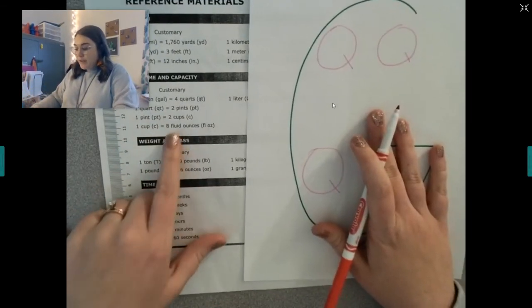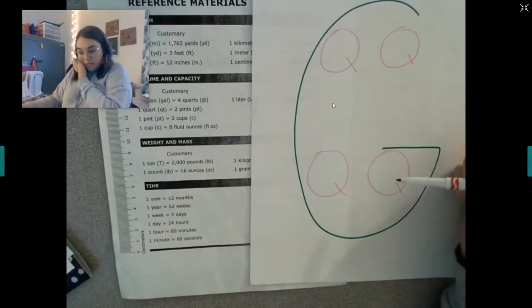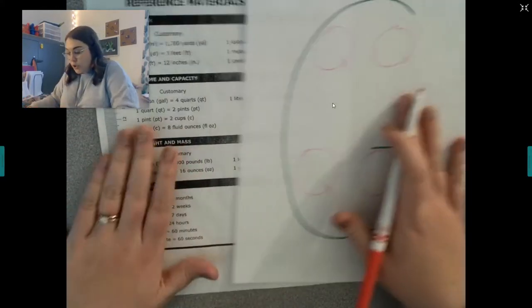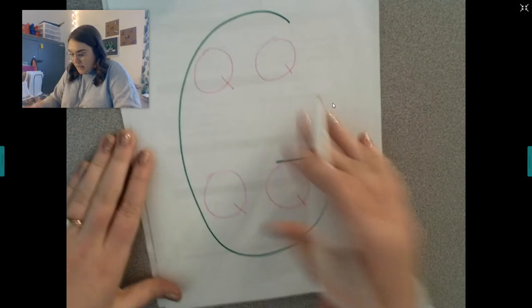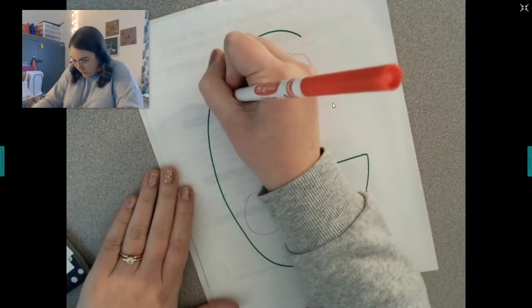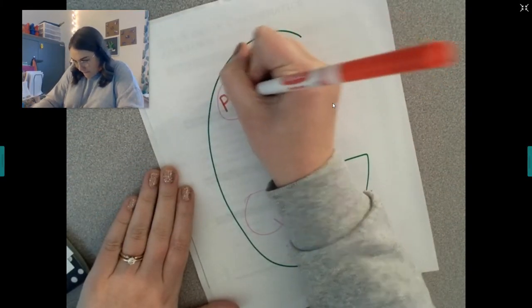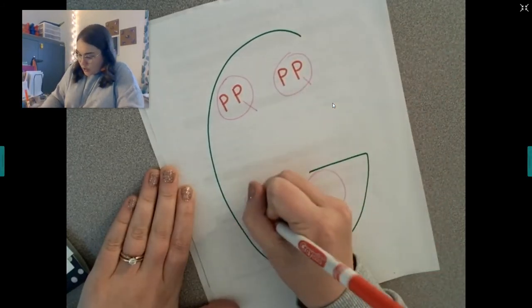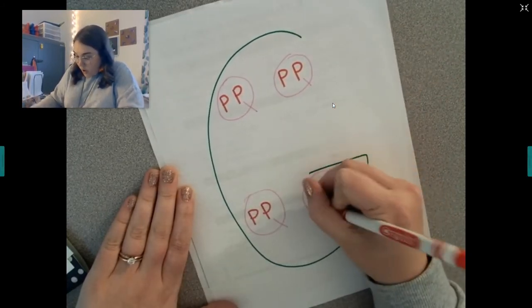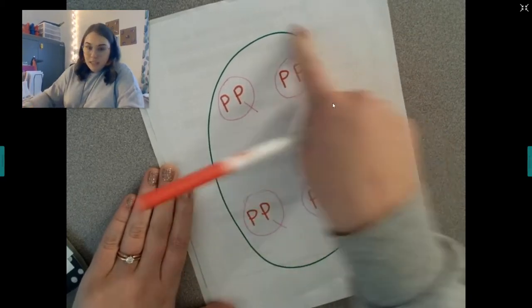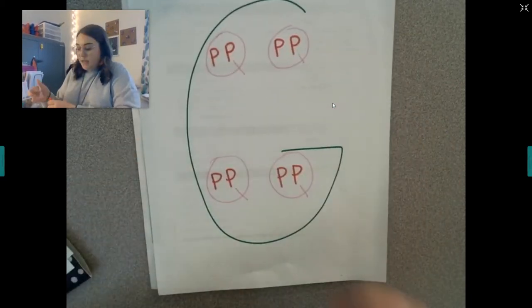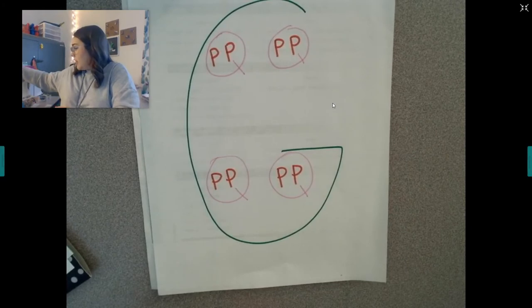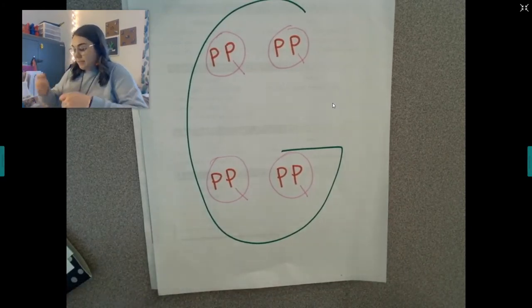And in every single one of these quarts, there are 2 pints. So remember, all of this fits into our big G, our big gallon guy, or whatever you want to call him. I call him the gallon guy, but whatever.